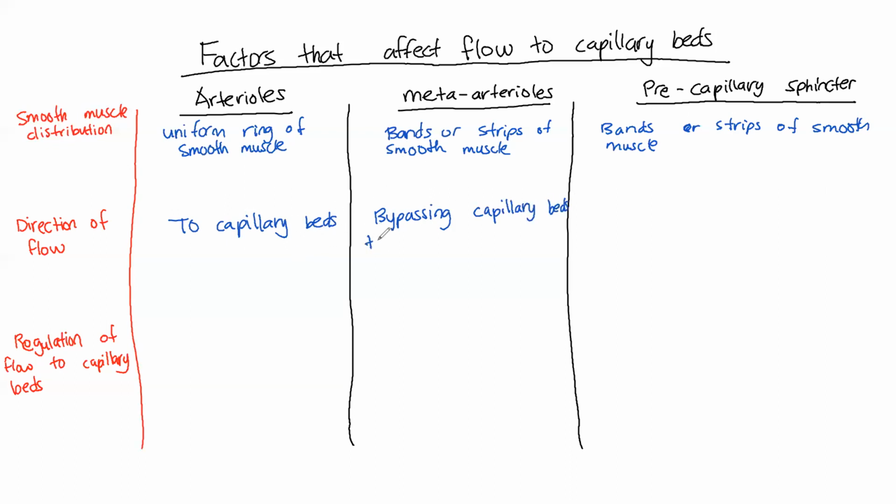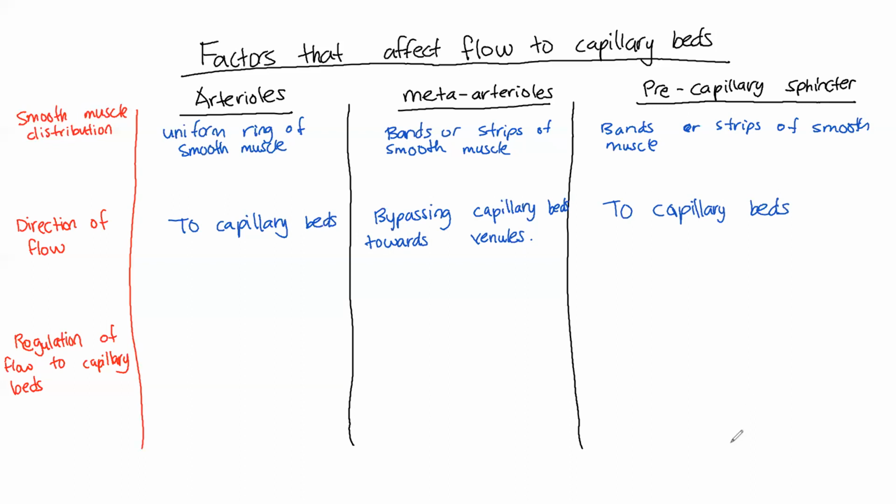In other words, towards venules. Okay. And then we also know that precapillary sphincters are also at the beginning or towards capillary beds also. So this is also going to capillary beds.